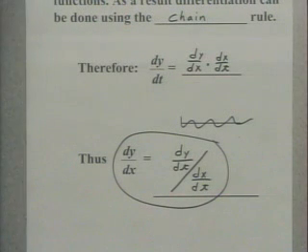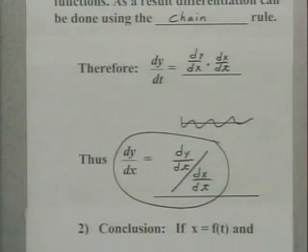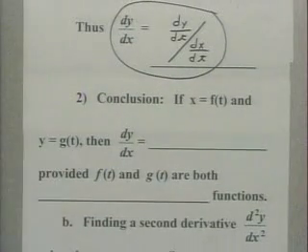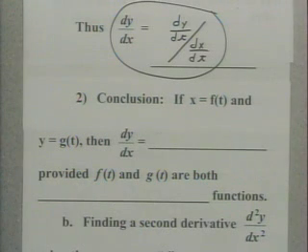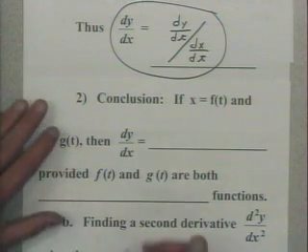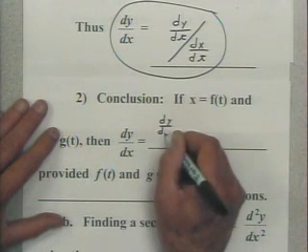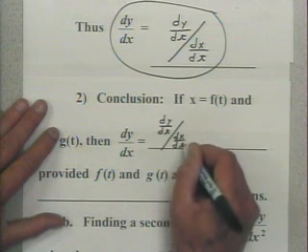Okay, in case you dozed off, here's the official conclusion with everything in it. If x can be written as an f of t, and y can be written as a g of t, then the derivative is the derivative of y with respect to t divided by the derivative of x with respect to t.